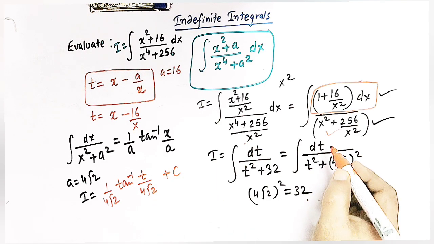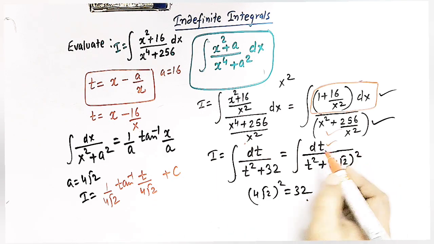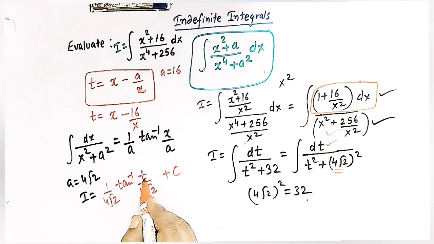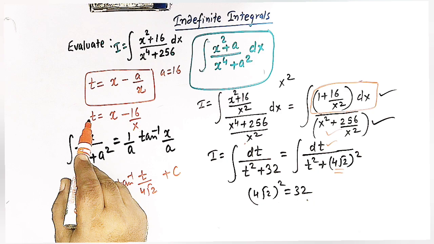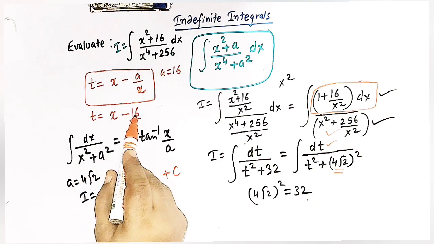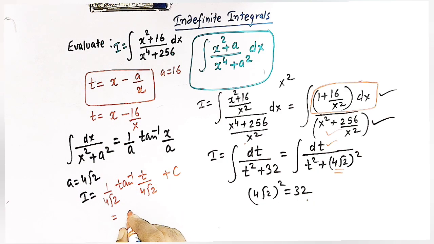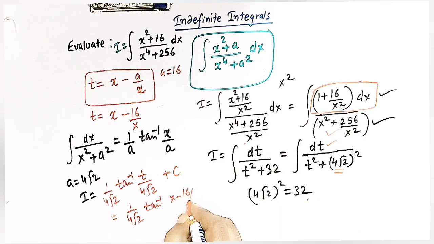So here this integral has the variable t, that's why here we have the variable t. Now again replacing this t by x minus 16 over x, we can now write 1 over 4 root 2 tan inverse (x minus 16 over x) divided by 4 root 2, and here c is the constant of integration.